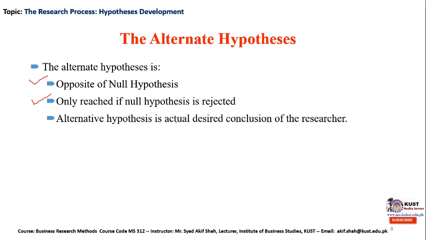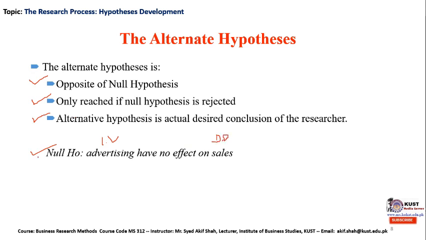Similarly, the alternate hypothesis is actually the desired conclusion of the research, as I have already explained. Let us take an example where a researcher has hypothesized a testable statement after writing the theoretical framework: advertisement has no effect on sales. Now, advertising is your independent variable and sales is your dependent variable. And this has been formalized as a testable statement of the null hypothesis.